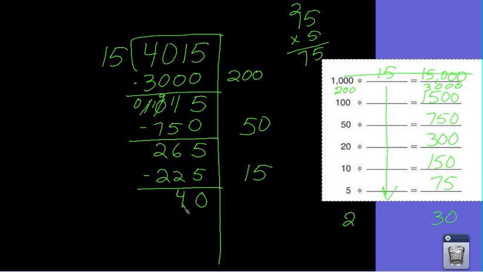I can use 2 for 30. 40 minus 30 is 10. 10 is less than 15, so I have a remainder of 10. If I add up my partial products, 200, 250, 265, 267, 267, remainder 10. I know I went through that last one pretty fast. Make sure if you have any questions, you let Mr. Brandt know.